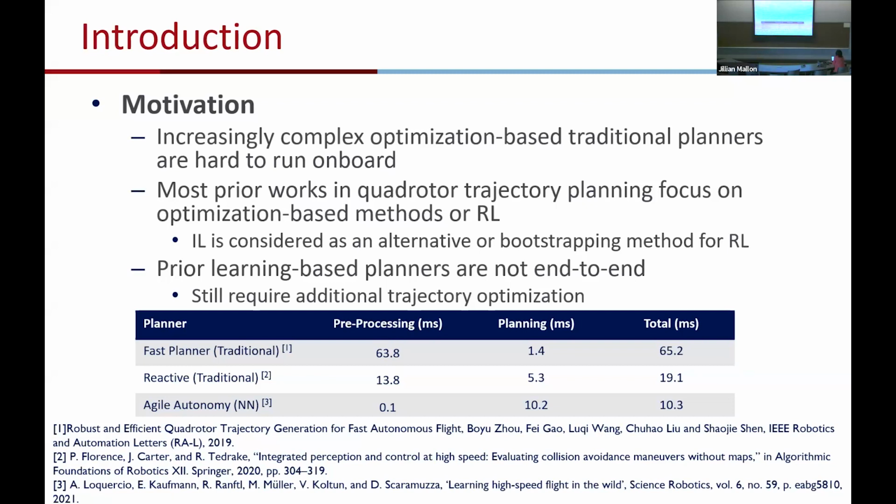And therefore, it brings us to one possible solution for addressing the problem of increasing computational overhead of traditional planner, which is we can use certain knowledge distillation techniques to learn a low-cost neural network-based policy that can approximate behavior of a given expert planner. And imitation learning is one of these techniques that can help us to achieve this knowledge distillation.